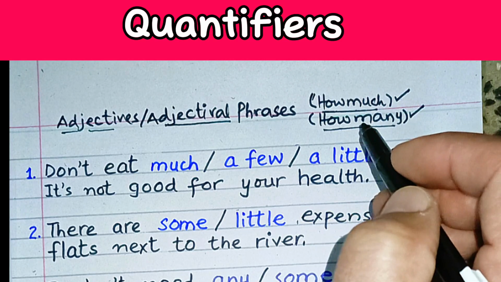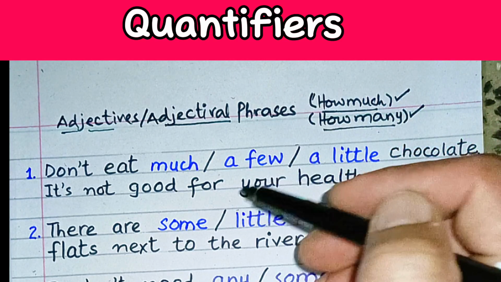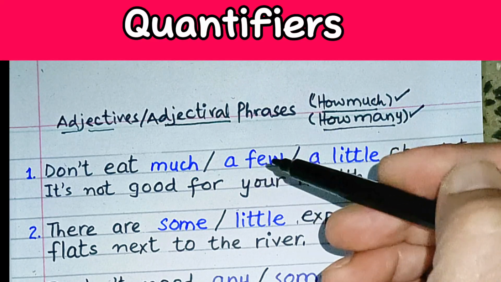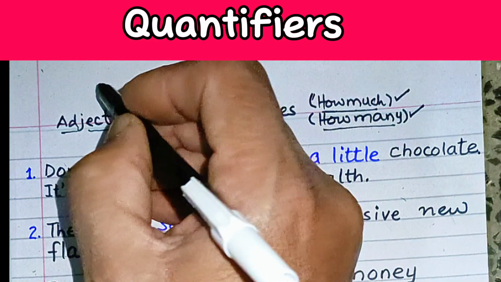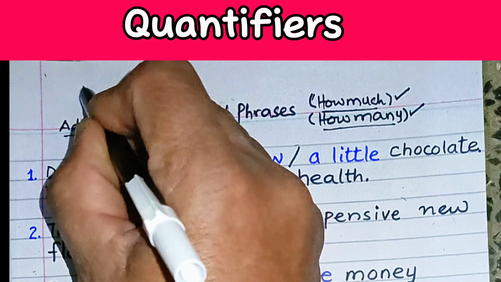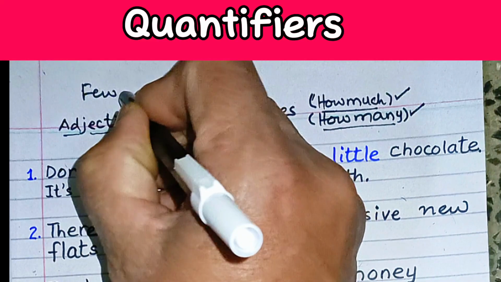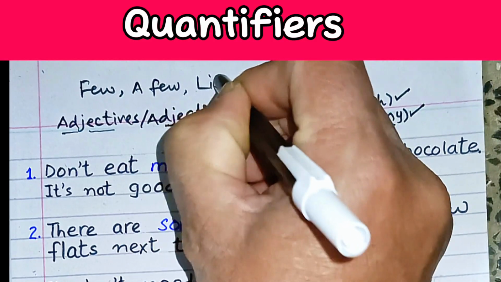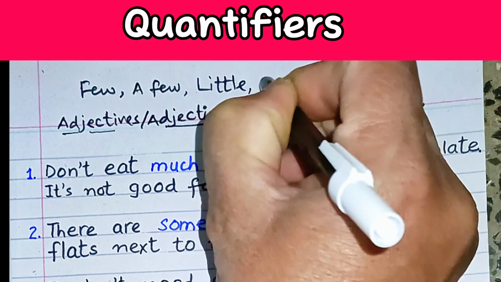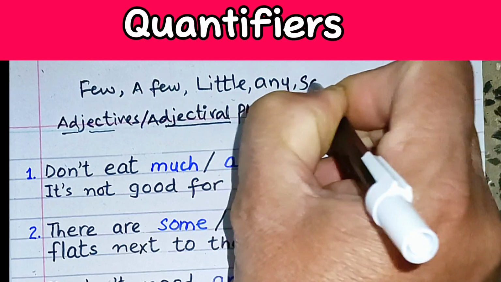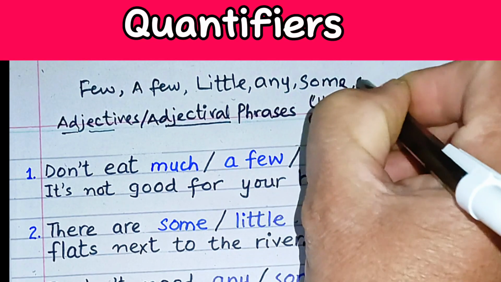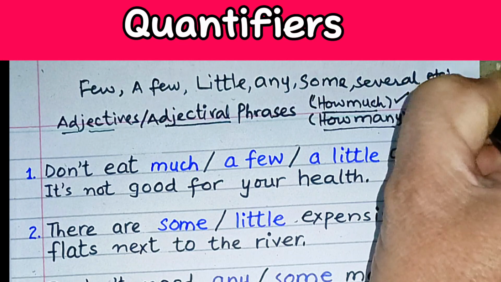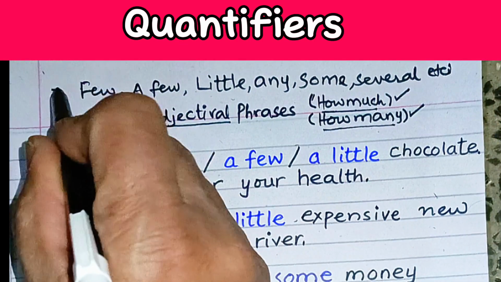For example, if I say all, some, any, many, a little, several, every, so these sort of words are quantifiers. Few, a few, little, any, some, several, etc. These sort of words are actually quantifiers.